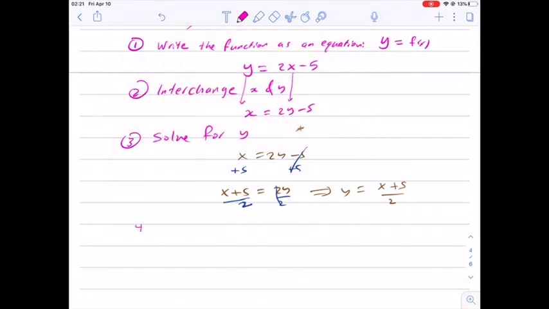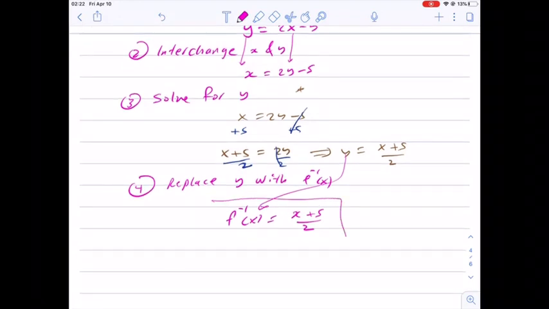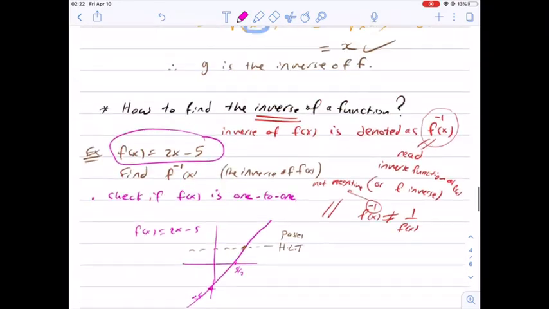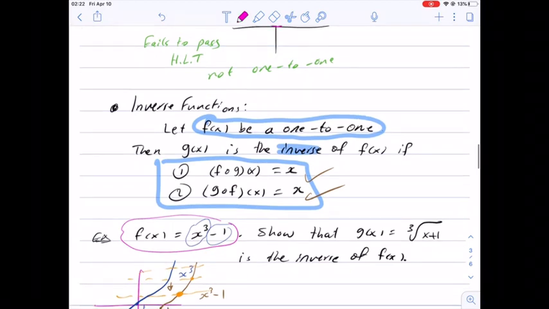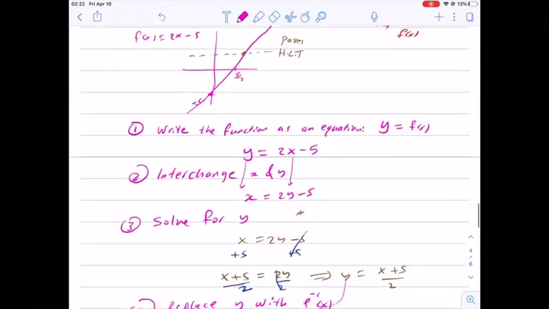And then the last step is to replace y with f inverse of x. So this becomes f inverse of x equals x plus 5 over 2. And you can check, this is the inverse of f of x equals 2x minus 5. If you want to check, you try to apply those two conditions. If they are satisfied, then the answer is correct.